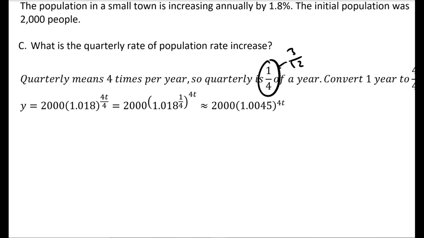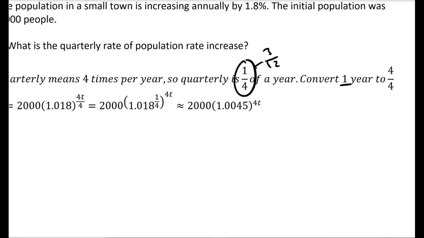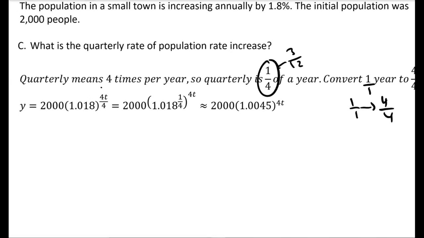So then what we do is we convert the 1 year, the 1 over 1, into 4 over 4, which is right here. And then we move the bottom 4 to the 1.018. But then there's still that invisible 1 on top.